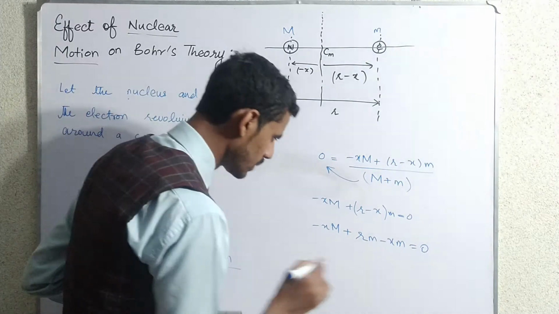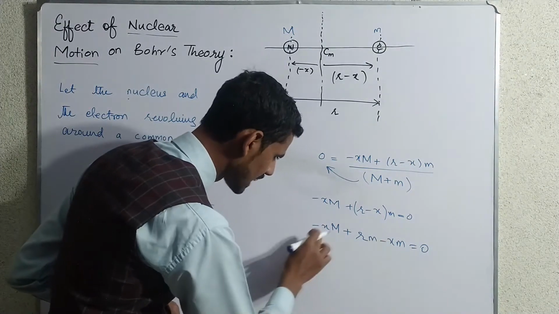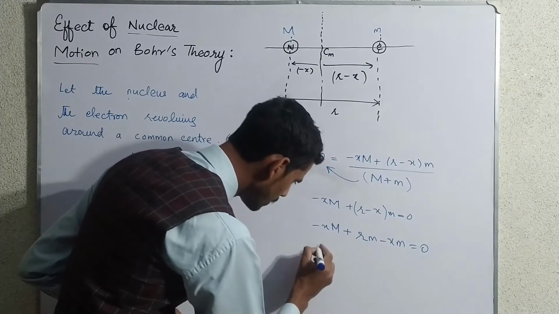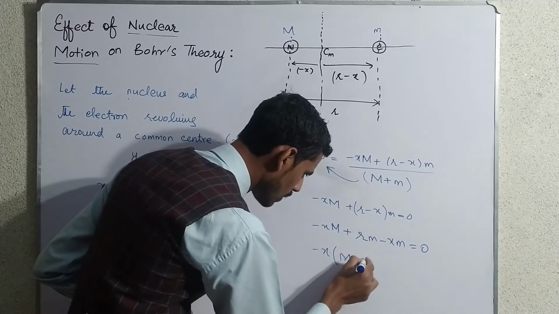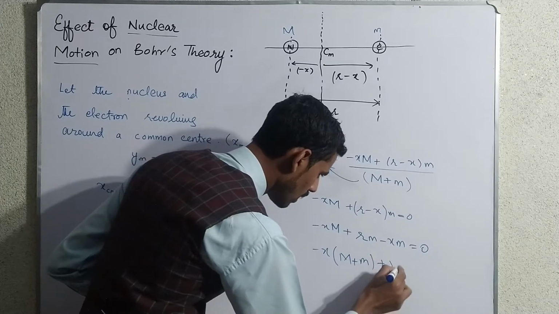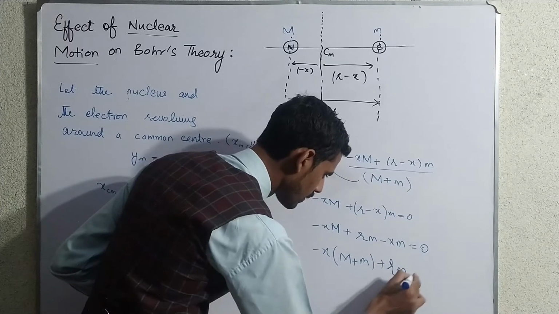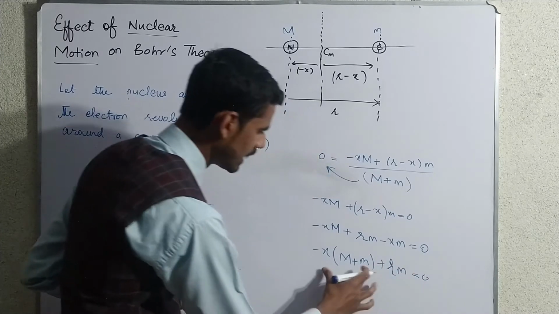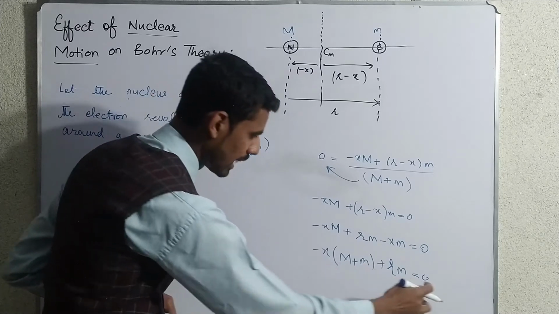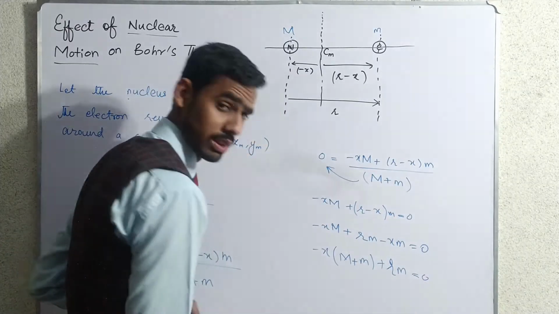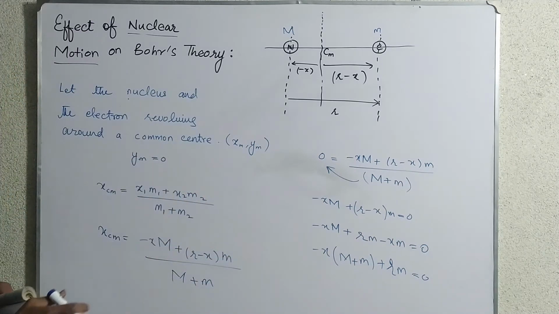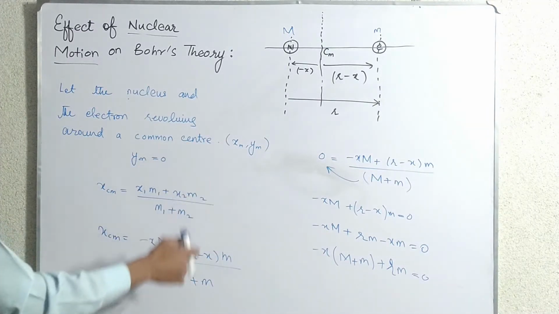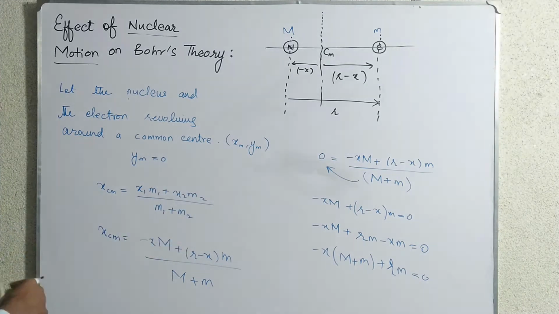So now we take minus x common from these terms, so it will be minus x into (M plus small m) plus R m equals 0. This term is in minus, so it will go to that side and become a positive term. So I'm going to erase this side. If you haven't written this, you better write it first.